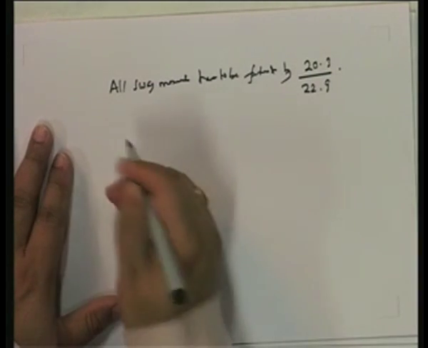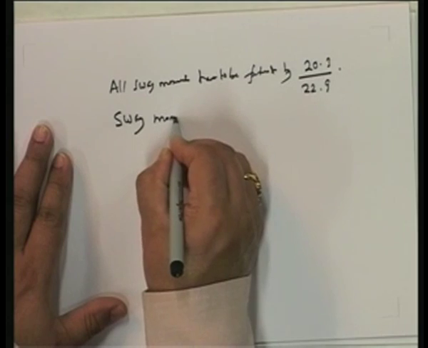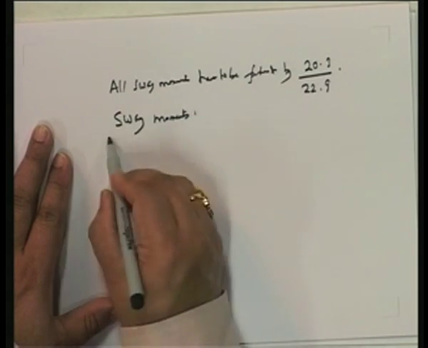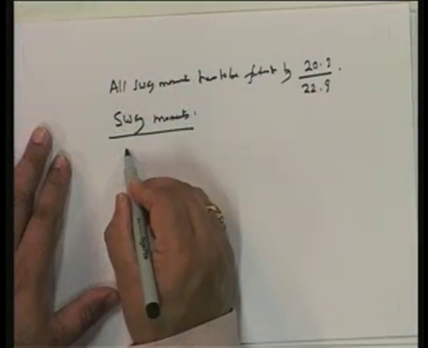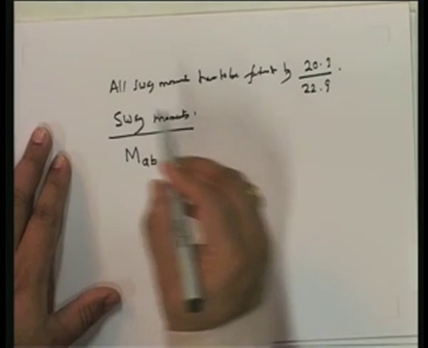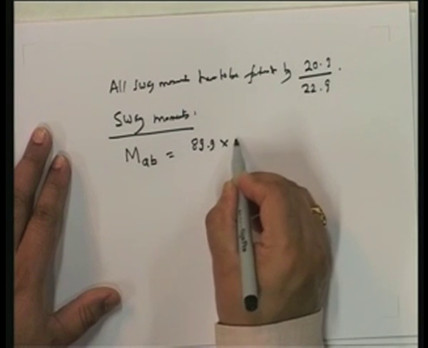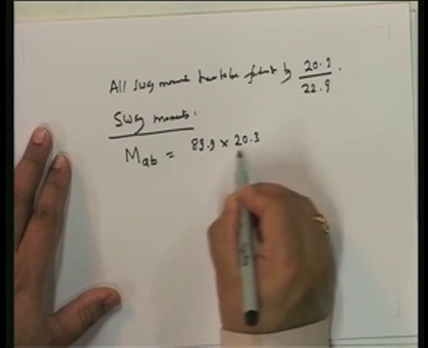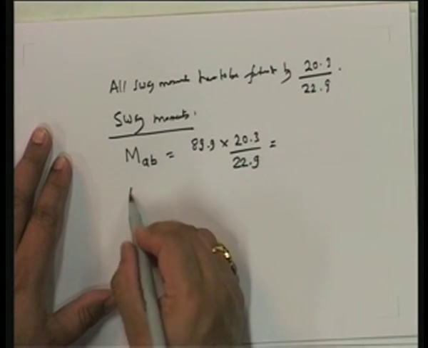So therefore, if you look at the sway moments, they turn out to be equal to MAB. It's actually given as 89.9. In reality, it is this.